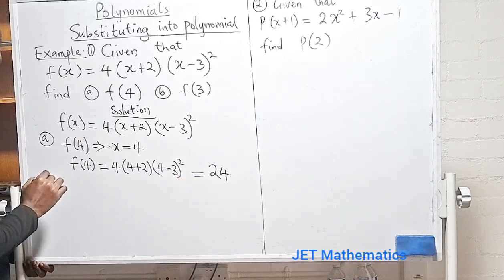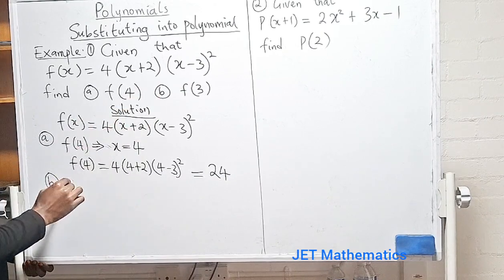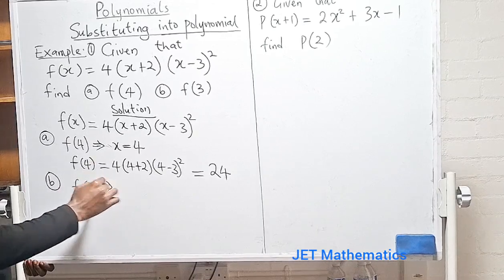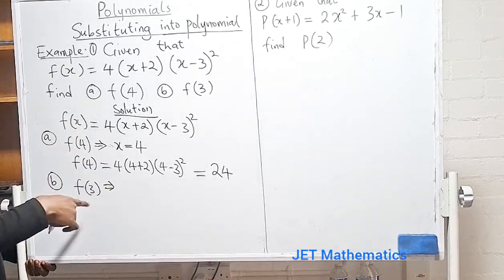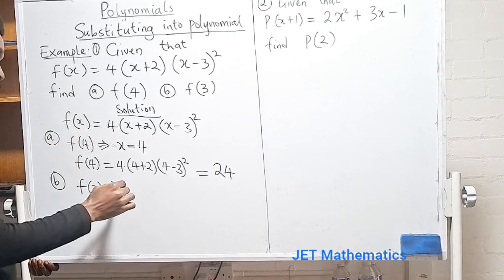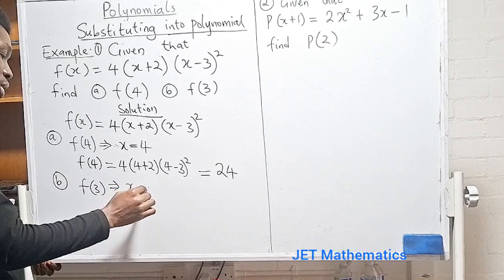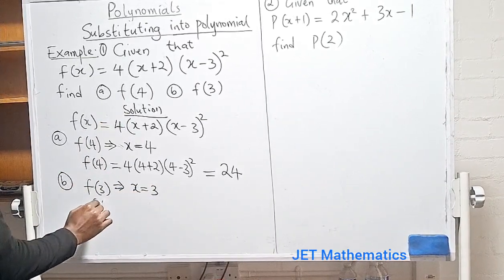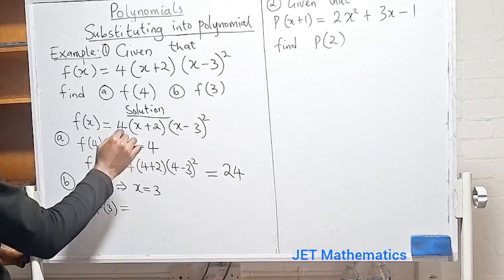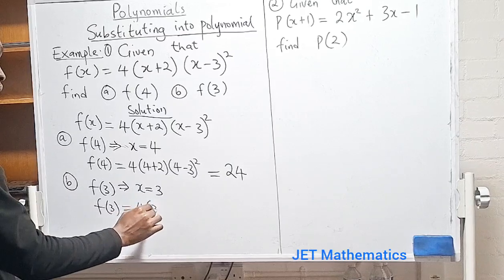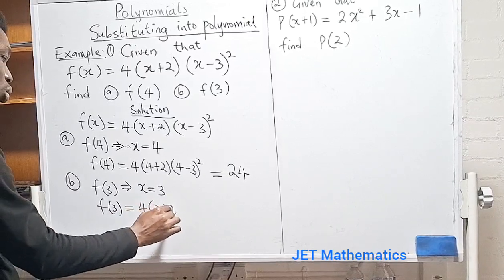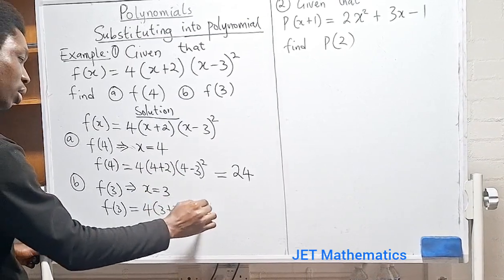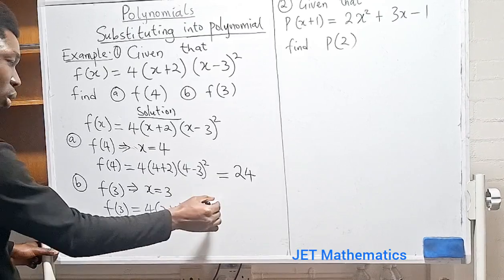Next, (b) is f of 3. F of 3, the same thing, implies that 3 is representing x here. So it means x is equal to 3. So we'll plug that into the function. So f of 3 is equal to 4 bracket 3 plus 2 bracket 3 minus 3 squared.